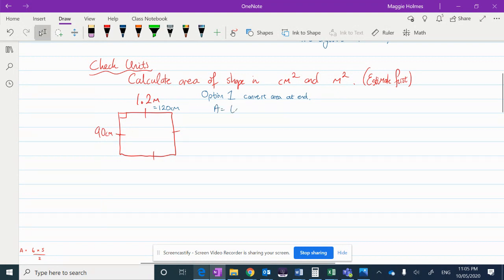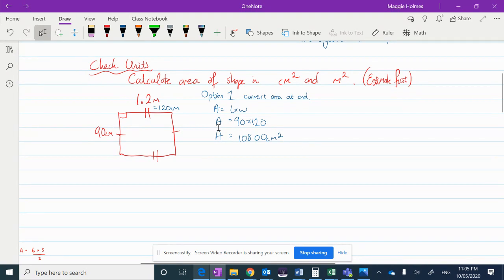So our area is length times width. You just notice what's wrong with my diagram. I'm saying that these are equal sides and they're clearly not. Let's make that look like a rectangle. So length times width, 90 by 120 is 10800. These were my centimeter units. So centimeters squared is what I'm getting as the answer.